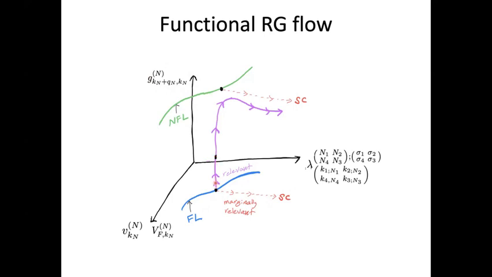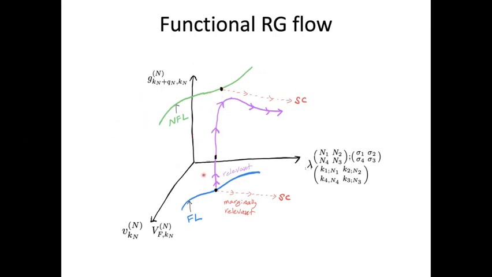So therefore, this vertical flow is a power law flow, a much faster flow, and presumably it will flow close to another manifold of non-Fermi liquid fixed points. And depending on whether these non-Fermi liquid fixed points are stable or not, there will be a flow toward the superconducting instability.